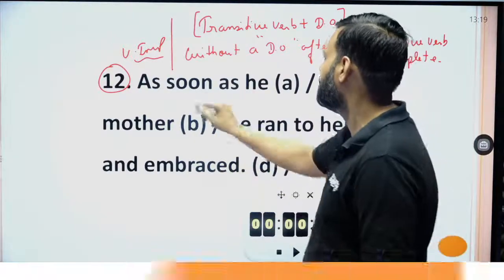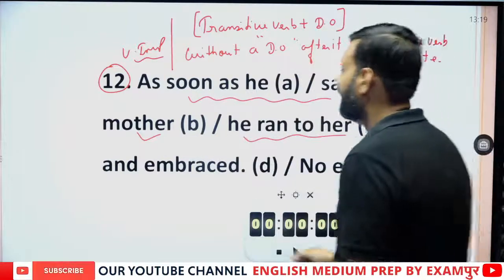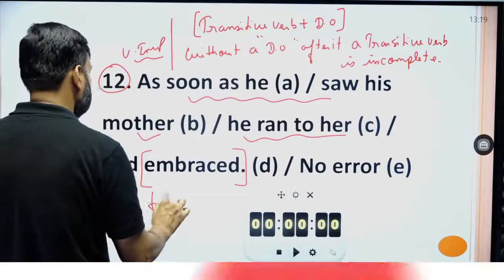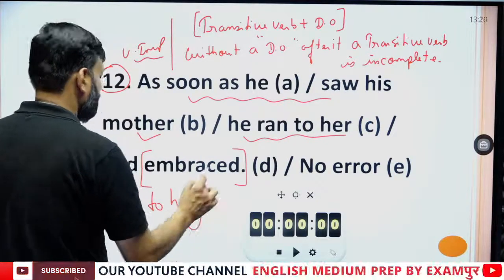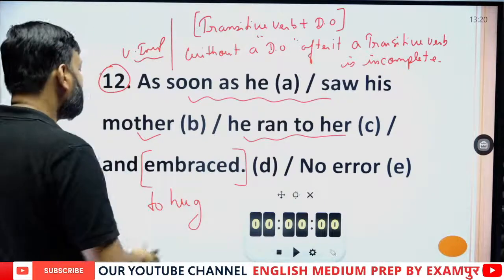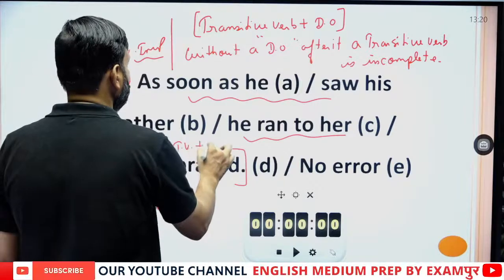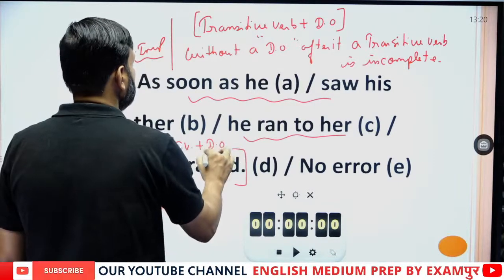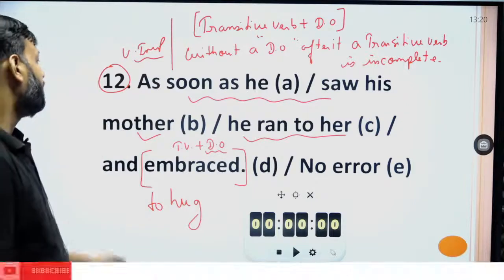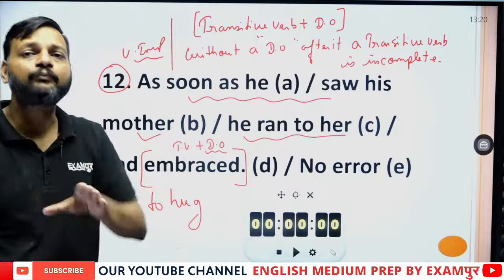So here we can see, as soon as he saw his mother, he ran to her and embraced. Embraced means to hug. When we hug someone, it means embraced. Now embraced is a transitive verb which needs a direct object. He embraced whom?